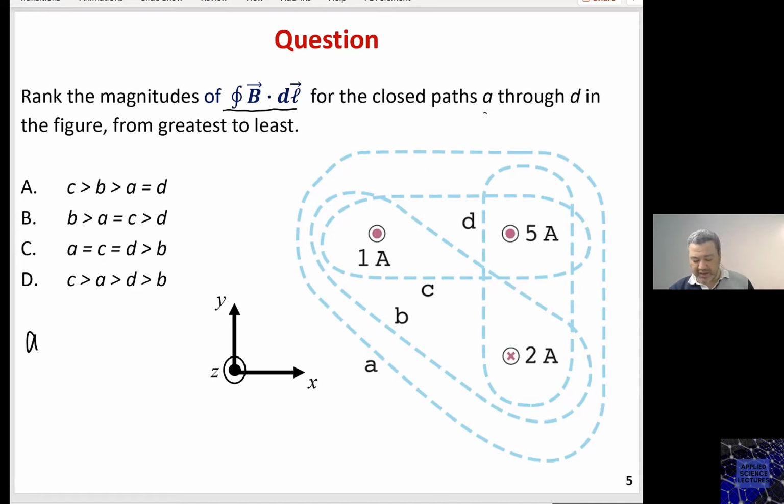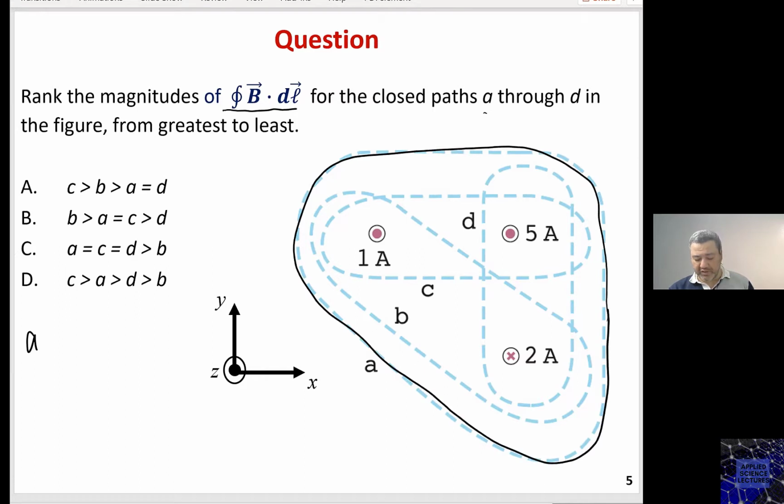In path A, we have this path enclosing all the currents. So let's look at the net current, the magnitude of the net current. So I have here 5 out of the page, 1 out of the page. The summation of this is 6. I have 2 into the page.